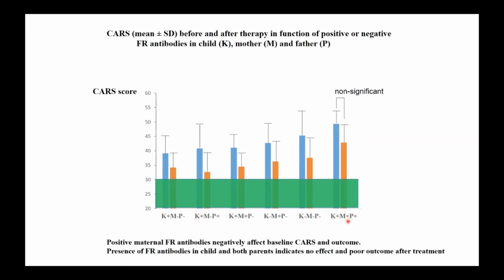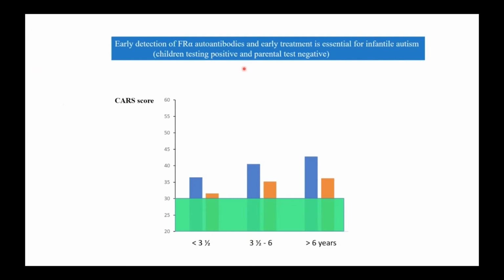And we also noticed that when the mother tests positive, that will increase the baseline CARS and also affect the final outcome, which will be less marked. So the early detection of folate receptor antibodies was found to be important. The younger you treat, the lower the baseline CARS and the better the outcome.